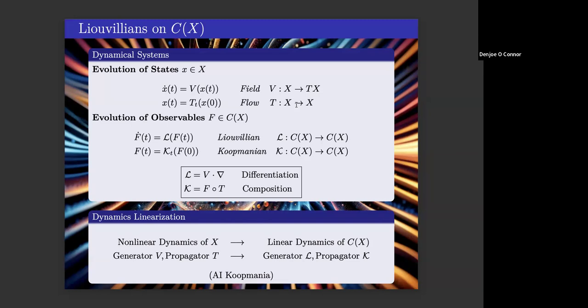So the point is here, the dynamics linearization that you achieve, because that's something people sometimes don't appreciate. You have nonlinear dynamics on the state space X, but if you don't look at the states and instead look at the observables, for any dynamical system you get linear dynamics, right? Not only in quantum theory.